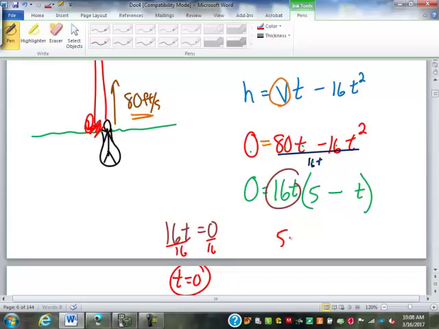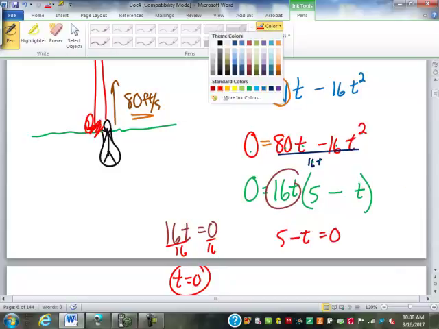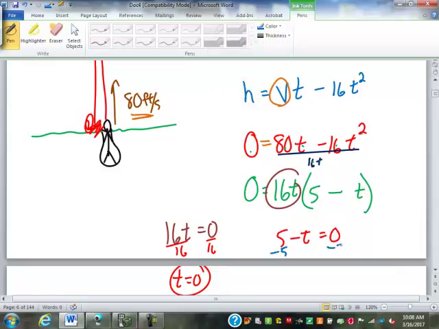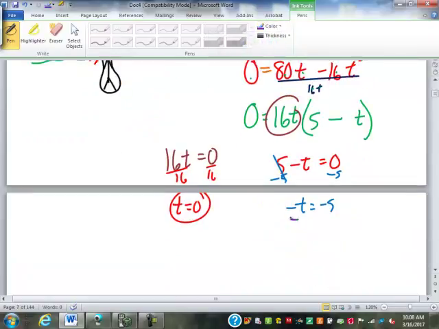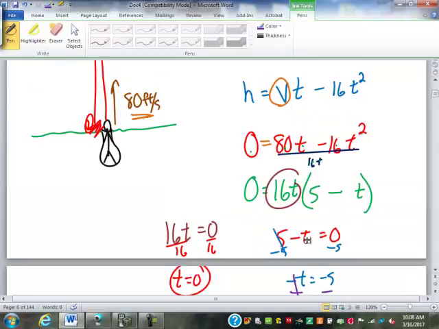So 5 minus t equals 0. We subtract 5. Negative t equals -5. Divide by -1. T equals 5. So what that's saying is William has 5 seconds to live.